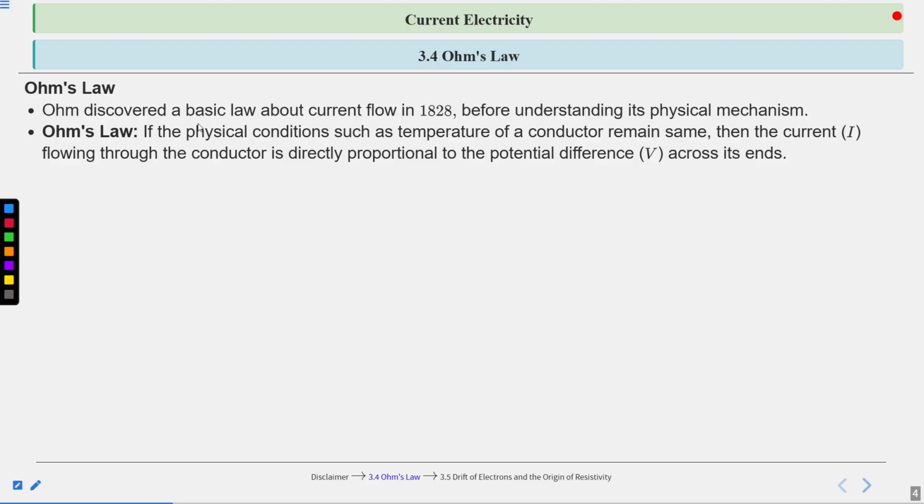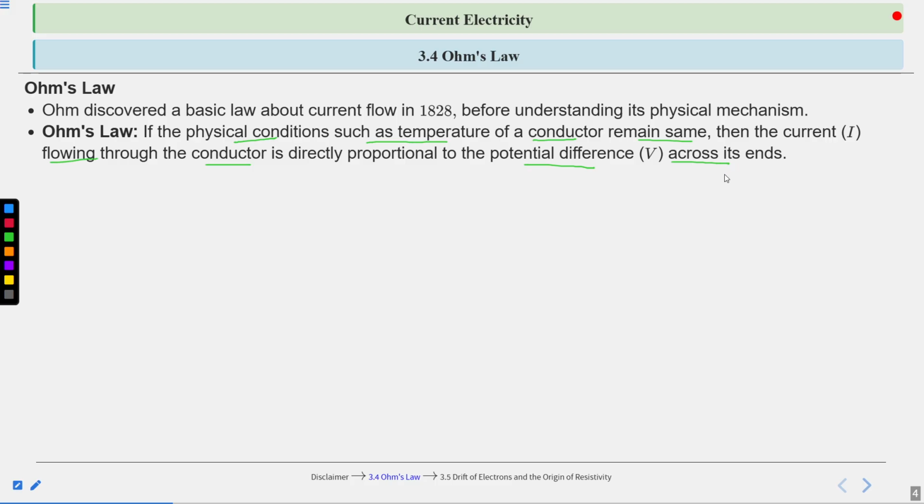So what is that law? If the physical conditions such as temperature and pressure, in this specific case temperature, of a conductor remain the same, then the current I flowing through the conductor is directly proportional to the potential difference V across its ends.